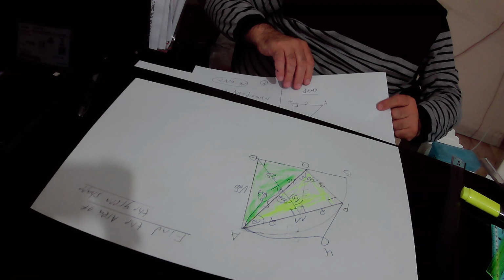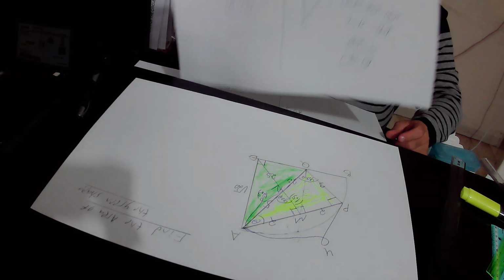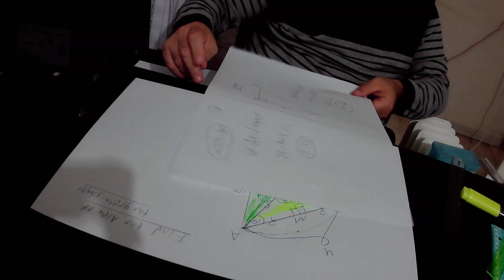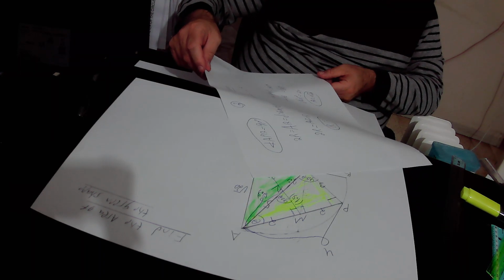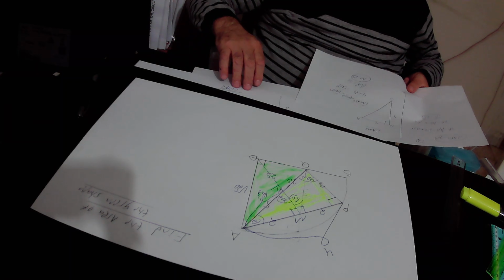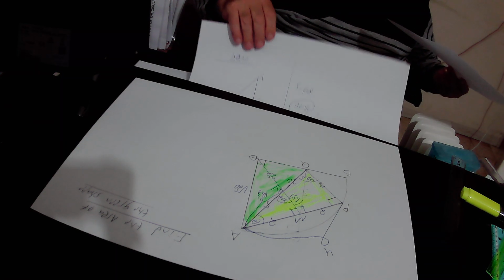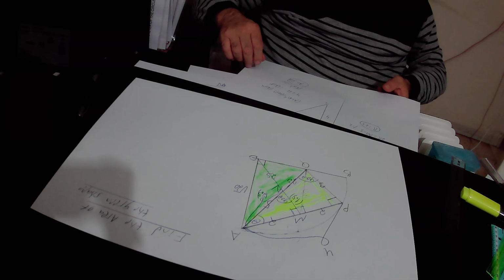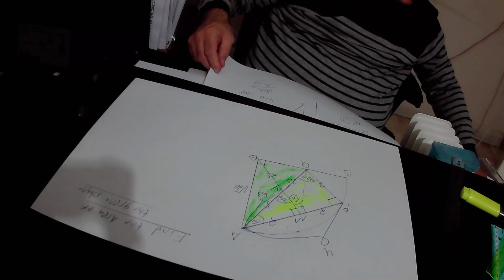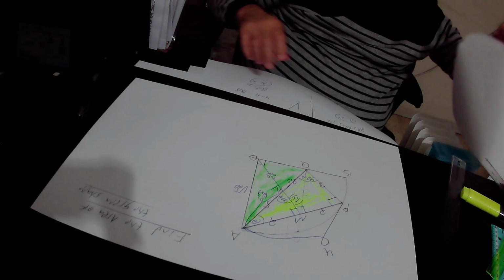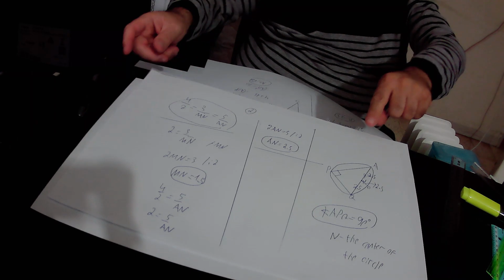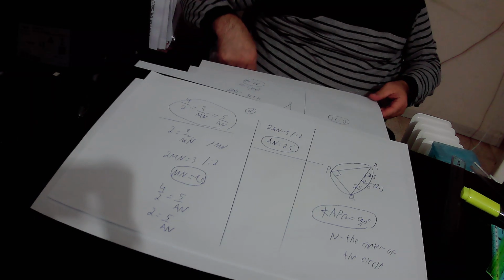This is the right triangle APQ that we enclosed inside a circle.